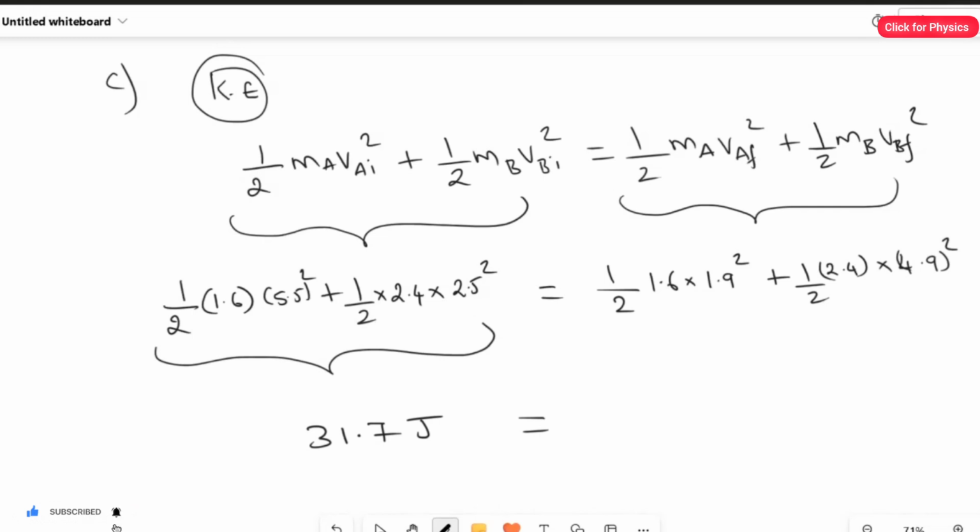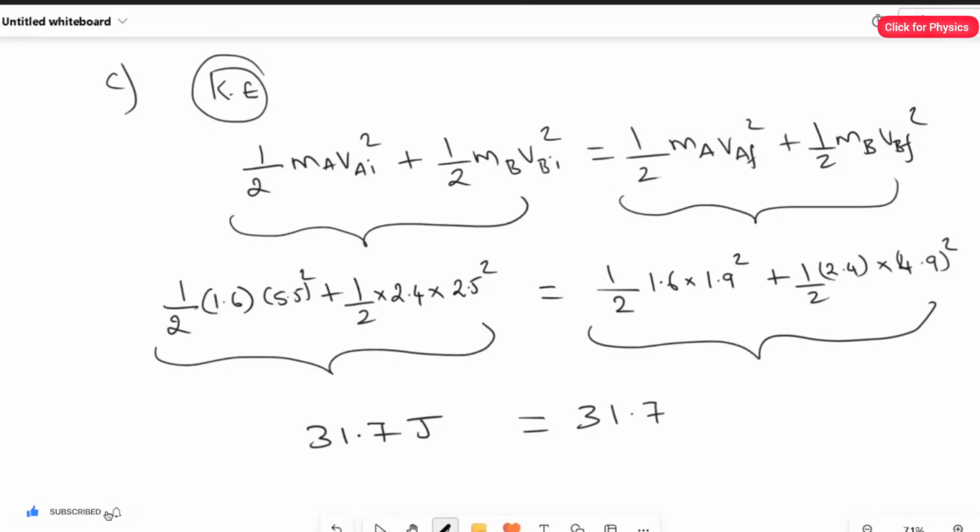So let's see the right hand side. What are we going to get for the right hand side? 1 multiplied by 1.6 multiplied by 1.9 square divided by 2 plus 2.4 multiplied by 4.9 square divided by 2, we got 31.7.